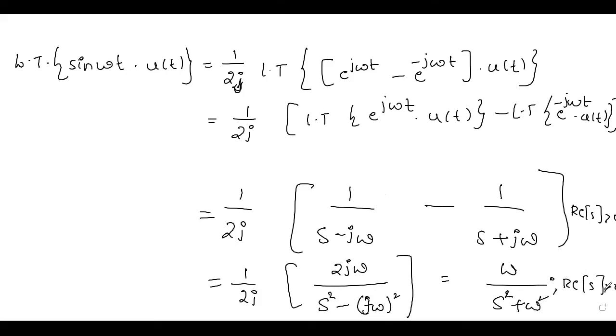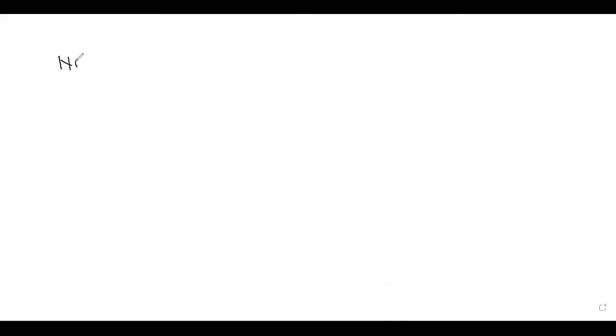This is the corresponding Laplace transform pair for the sine function. Important, these two are repeated questions. Find the Laplace transform for sine and cos functions using linearity and shifting property. Note, cos omega t into u of t. What is its Laplace transform?